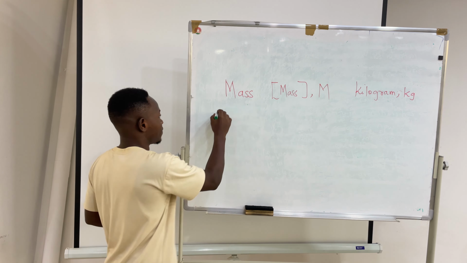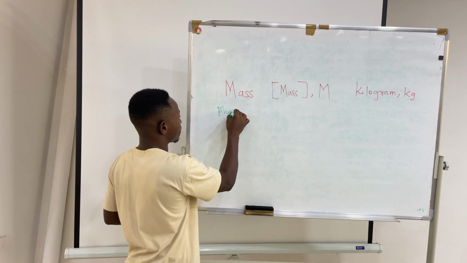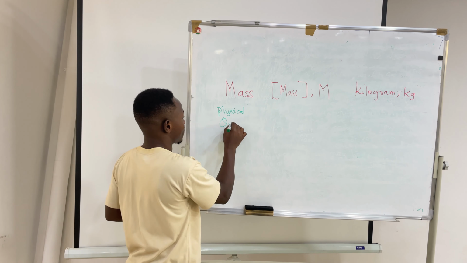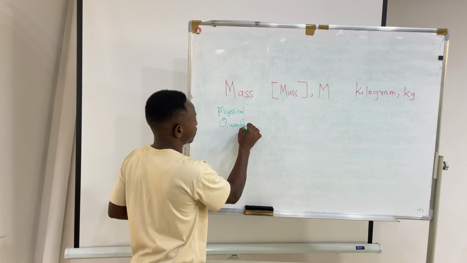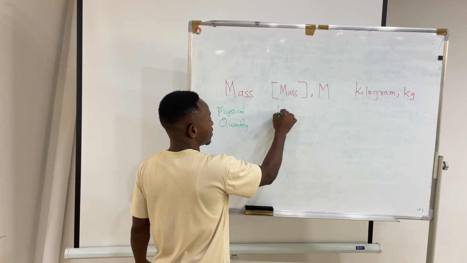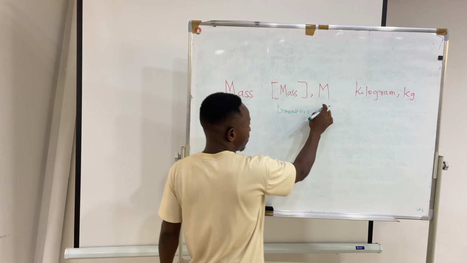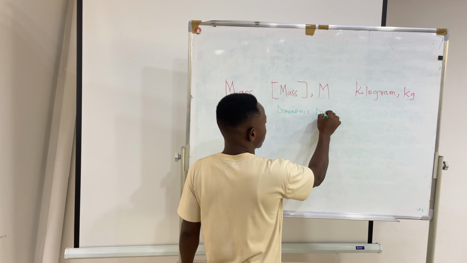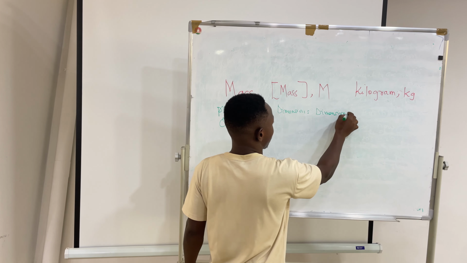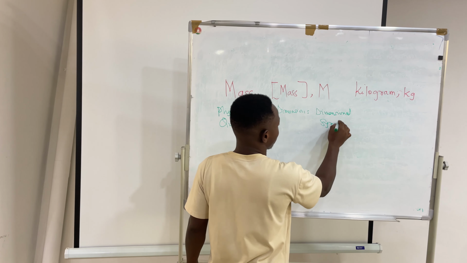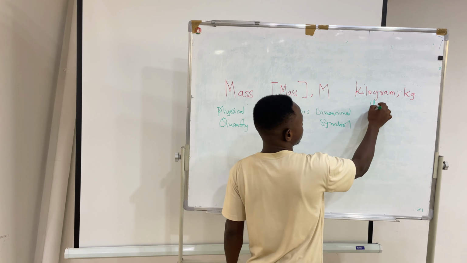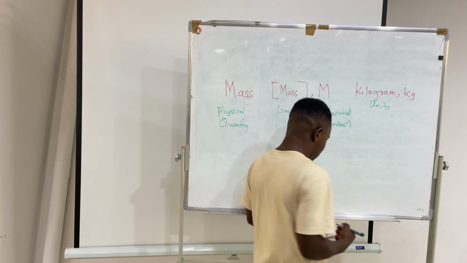Are we okay? So this is the physical quantity, this is the dimension written in square brackets, this is the dimensional symbol, and this is the unit and its symbol.